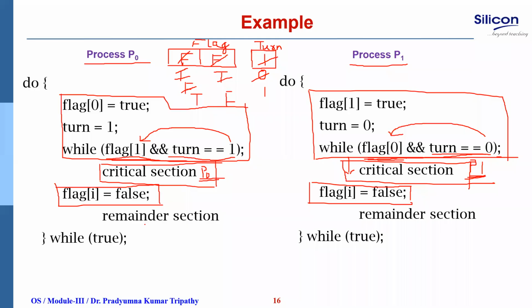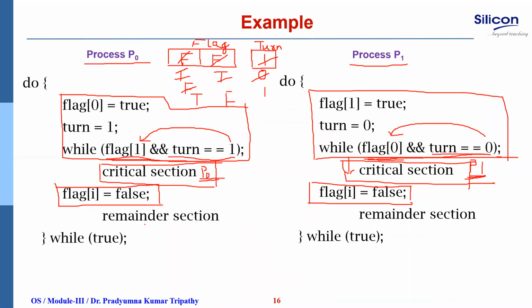Now we'll check whether it satisfies all these three conditions or not. What is the first condition? Mutual exclusion. Mutual exclusion means at a particular time only one process must be in the critical section. Yes, it is true. Second, progress: when it comes out, it allows the next process to continue.